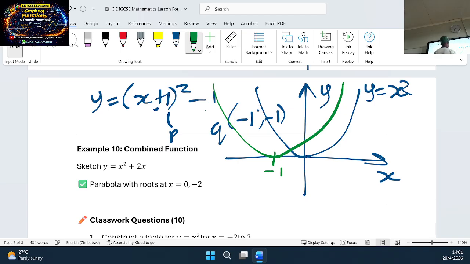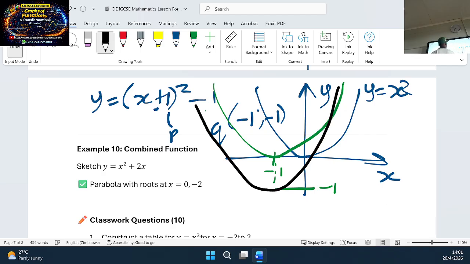But then there's a minus 1. It means finally it will drop down to minus 1 here. And I can bring the black color now to say, this is going to be a curve more like that, where the coordinates of the turning point are going to be minus 1, minus 1. So I'll name this curve y equal to x squared plus 2x.